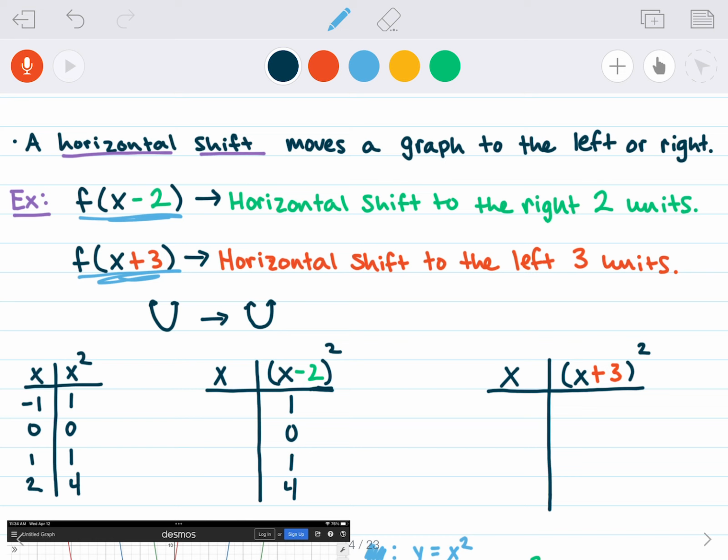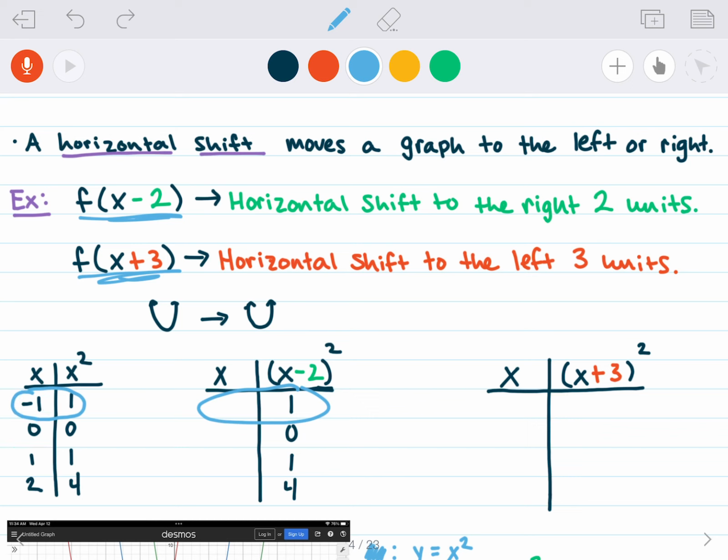Now I'm going to attempt to explain why the negative means shift right. Let's just consider this first point, -1, 1. In our new point, we want to make sure that whatever we're inputting here equals -1, right?